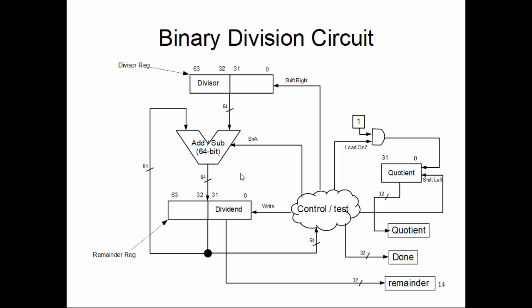Okay, so we have that 64-bit divisor register. We have the remainder register loaded with the 64-bit dividend. We have a 64-bit adder subtractor. Mainly it is subtraction, then for rollback it is addition, so we need to have both adder and subtractor circuits deployed. The remainder register only needs a write or load operation, whereas the divisor 64-bit register needs a shift right operation.